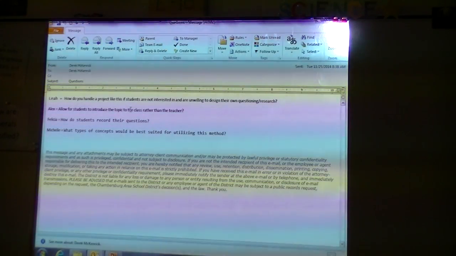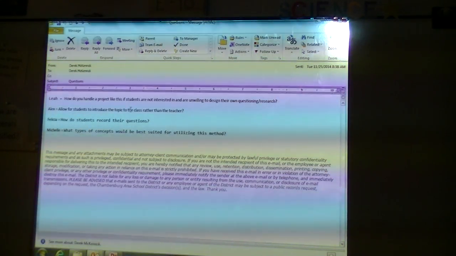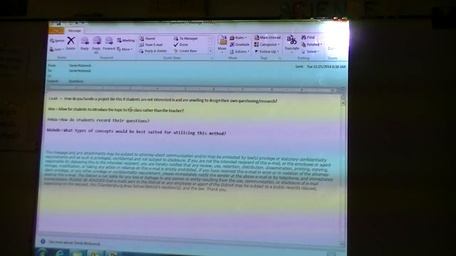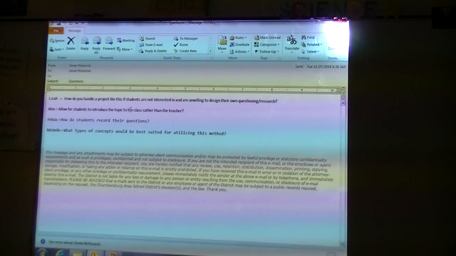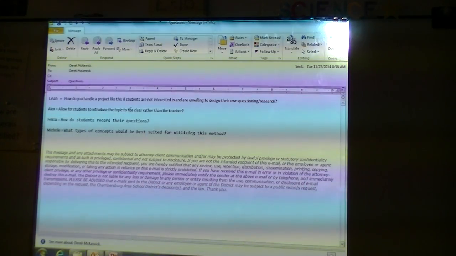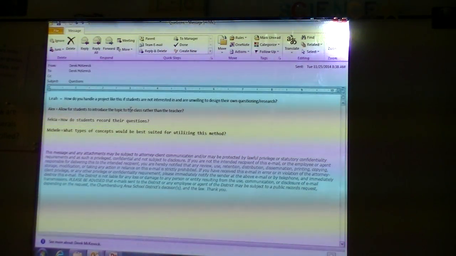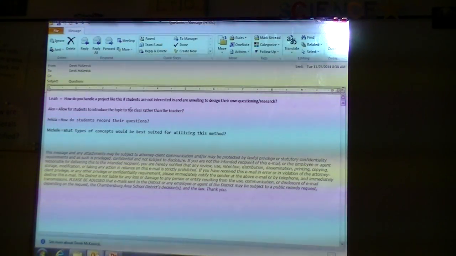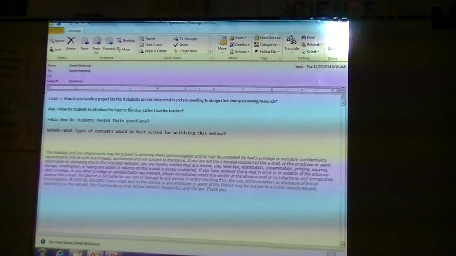And that's how we started the questioning process. Then I brought them together and we went through their blog, and as we went through the blog, we then created the questions.